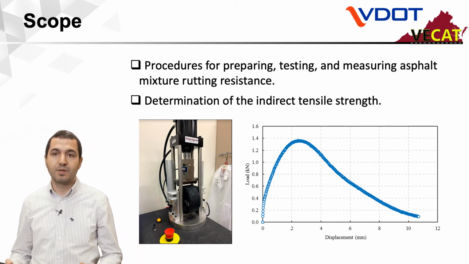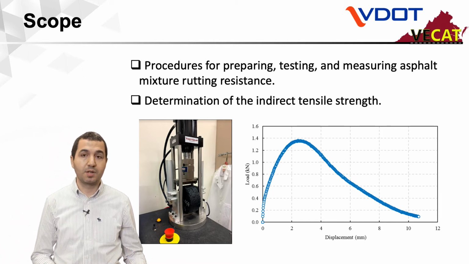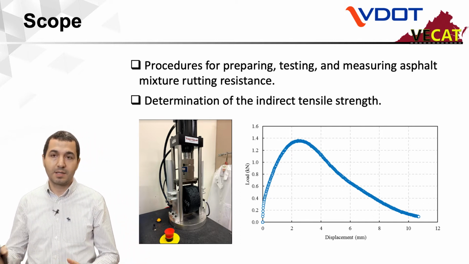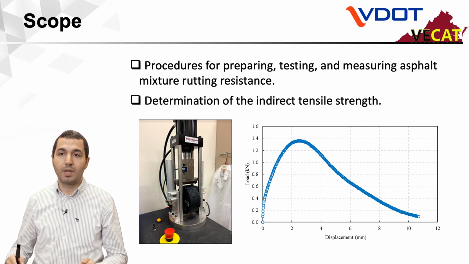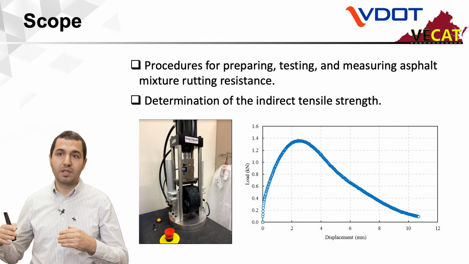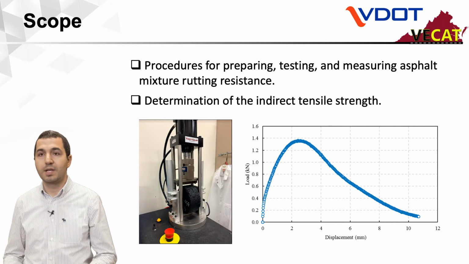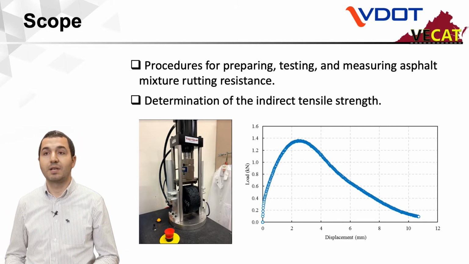Again, this is very similar to the cracking test as well as the TSR test. It uses the same equipment, same specimen size, except for TSR, the differences in specimen conditioning and also calculating the parameter of interest.